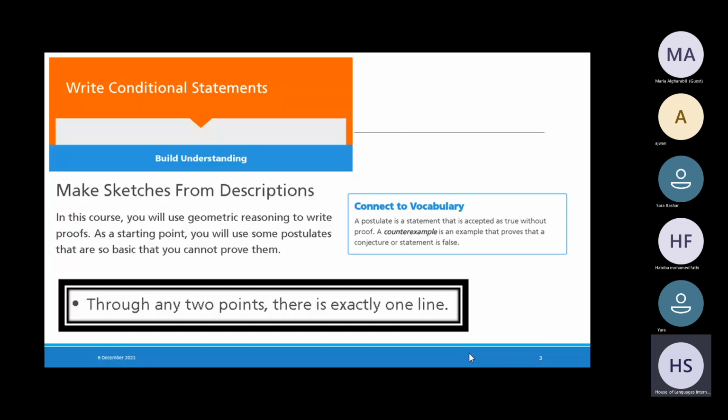Now, before talking about how to write conditional statements, let's remember something we call the postulate, as we talked about before in Module 1. A postulate is a statement that is accepted without a proof. Sometimes, later on, when you learn a new theorem, I will ask you to prove it. But there are some things like this one: through any 2 points, there's a line.